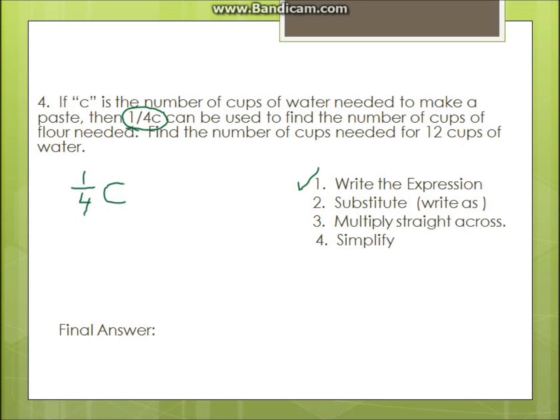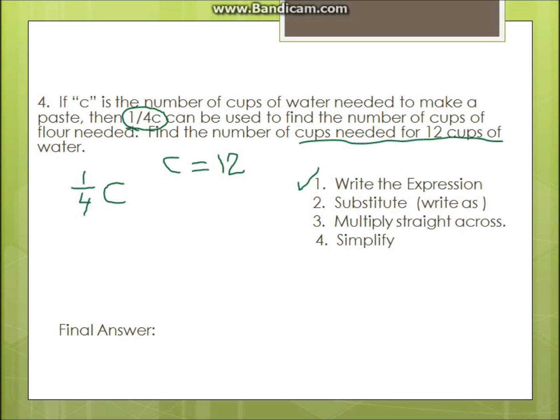The next thing that we need to do is substitute. So we are going to look at this part right here. Needed for 12 cups. So we know that C equals 12. So I'm just going to make a little note at the top there.